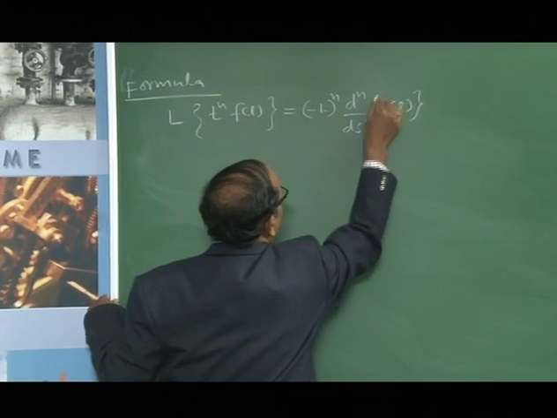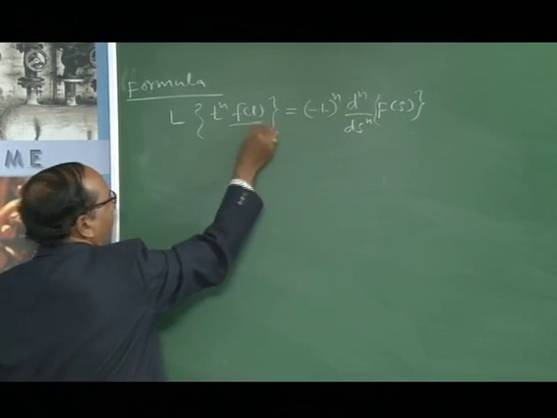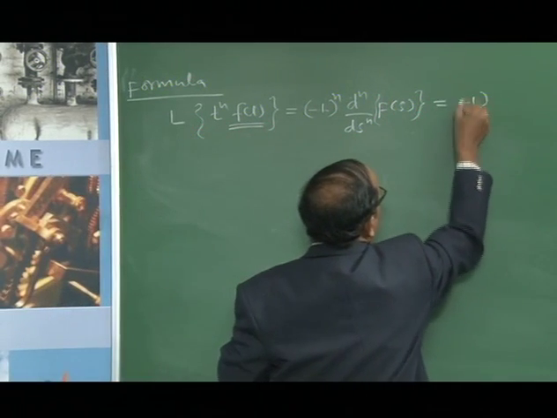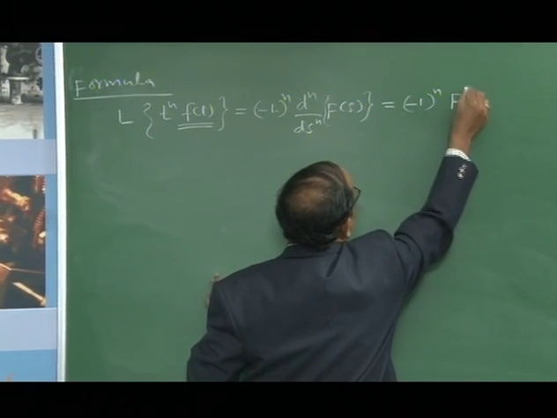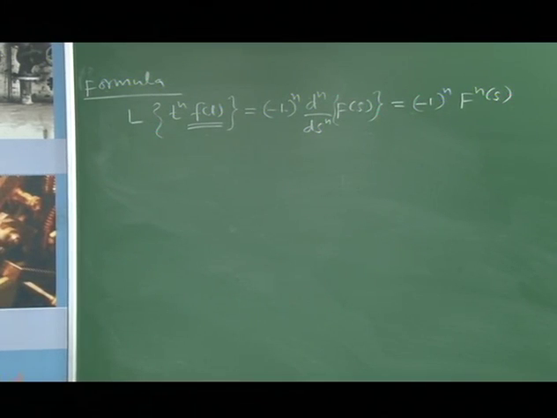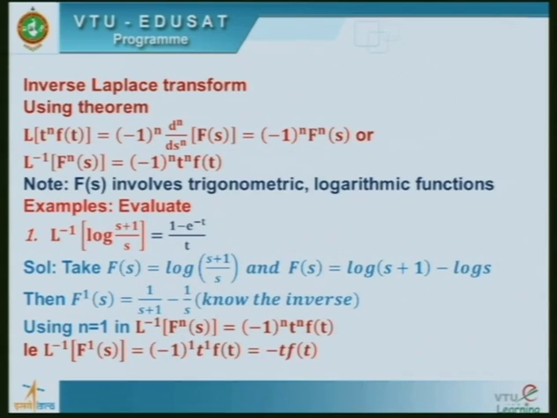What is F of s? F of s is the Laplace transform of f of t. So, in shortcut we can write minus 1 raised to n F^n of s. So, F^n of s is nothing but F of s differentiated n times with respect to s. So, this is the formula in Laplace transform.